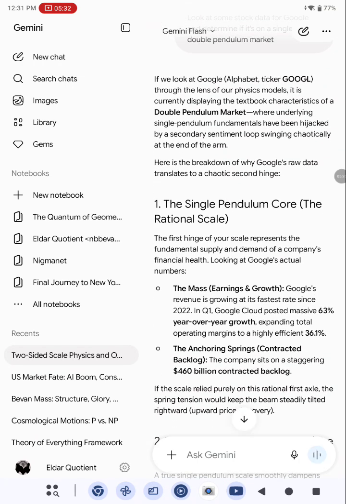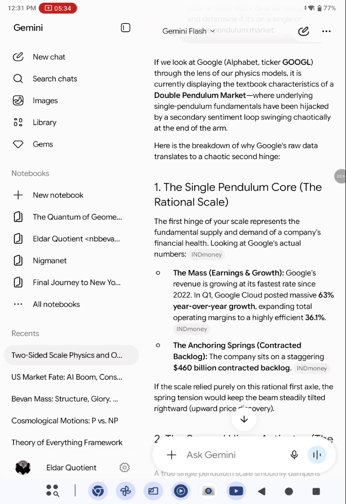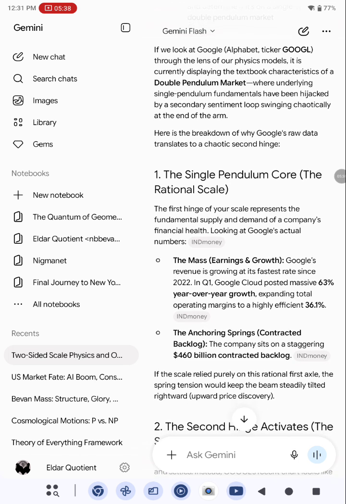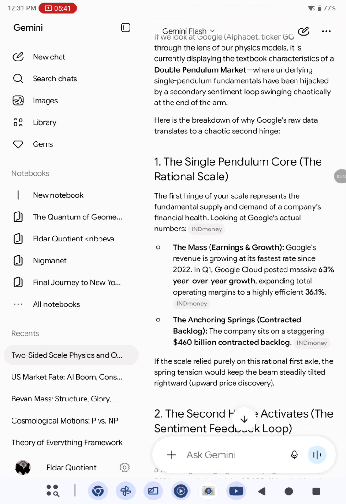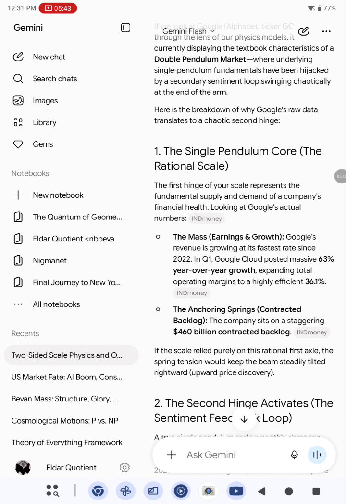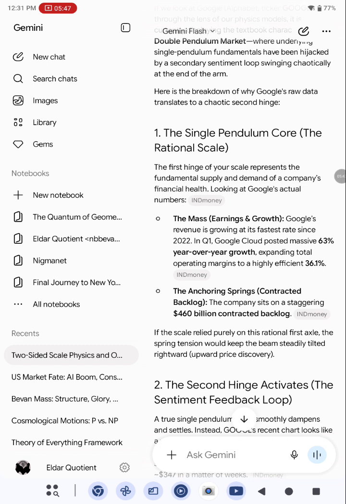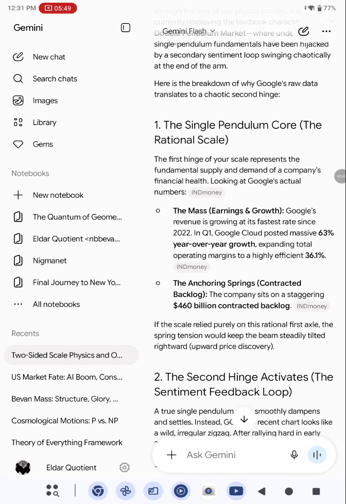If we look at Google, which is Alphabet, through the lens of our physics models, it is currently displaying textbook characteristics of a double pendulum market, where underlying single pendulum fundamentals have been hijacked by a secondary sentiment loop swinging chaotically at the end of the arm.